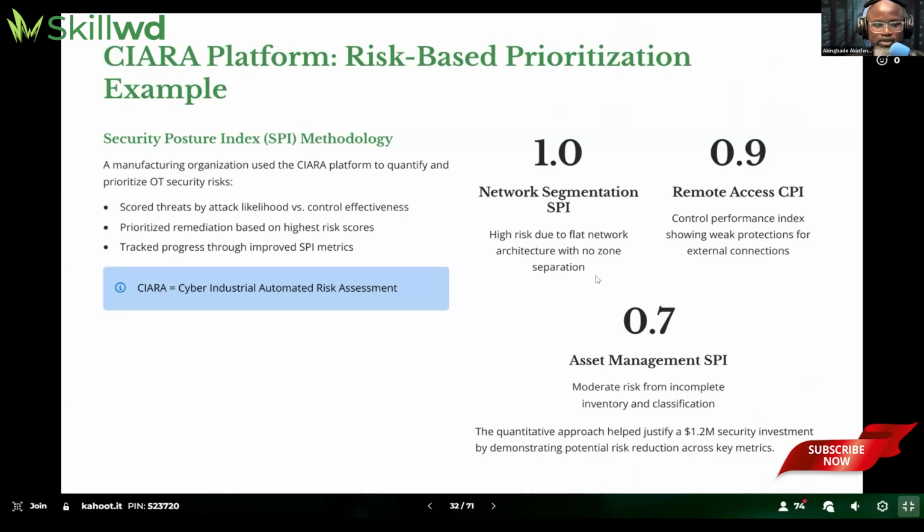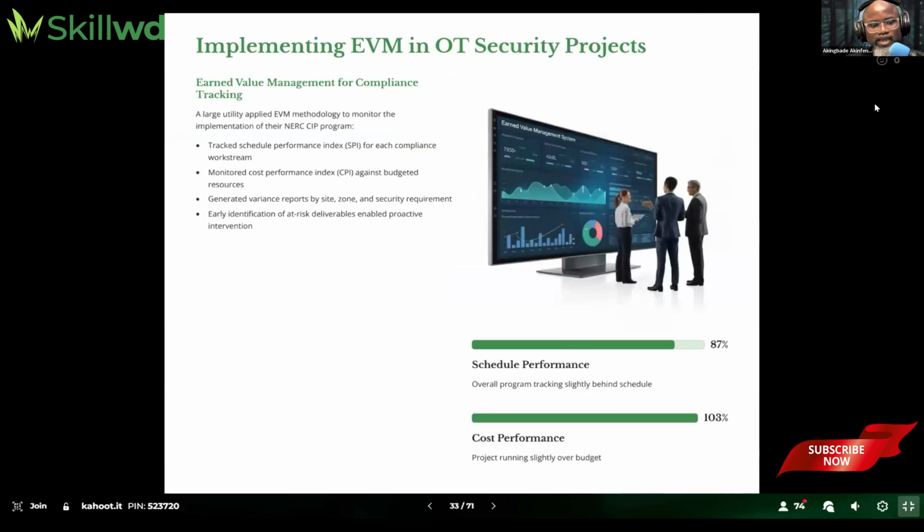We have to do a risk assessment to understand what those threats are, the likelihood of those attacks, and the control effectiveness we have. We rank those risks, then we can have a better picture of where we stand as an organization. We also have earned value management, EVM, for compliance tracking around NextSIP.